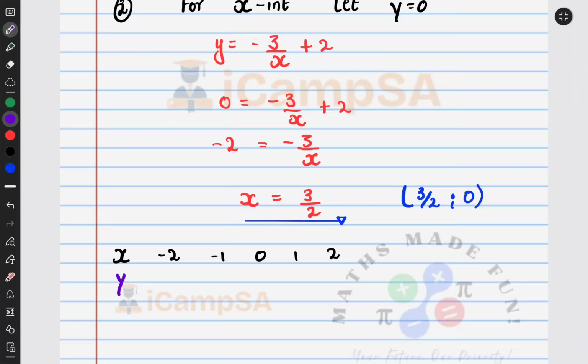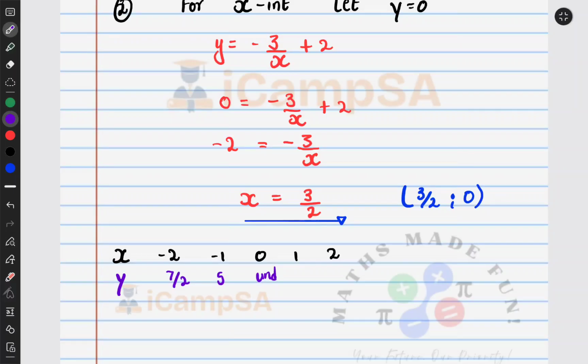For x equal to -2, it's -3 over -2 plus 2, which gives us 7 over 2, which is like 3.5. Then for -1, it's -3 over -1, plus 2, we get 5. Then for 0, we get undefined.